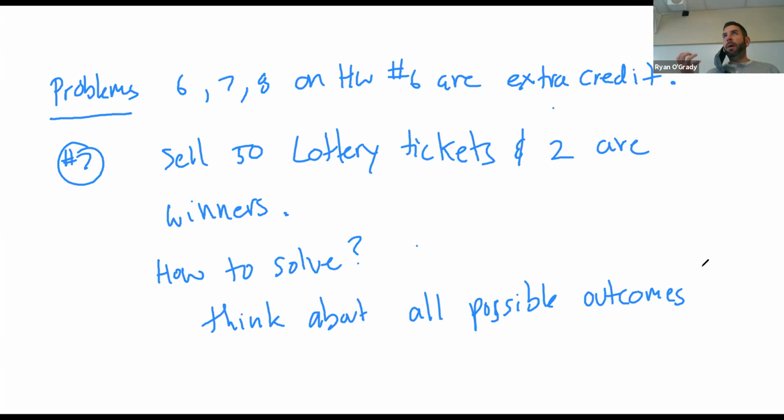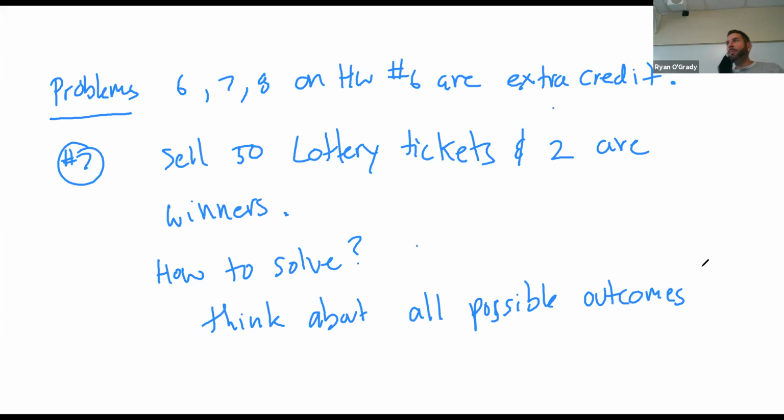Well, you would have to buy both tickets, right? How many outcomes are there where you don't win? Say that again. 48. There's more than that. Okay, so don't think there's just 50 outcomes, right?